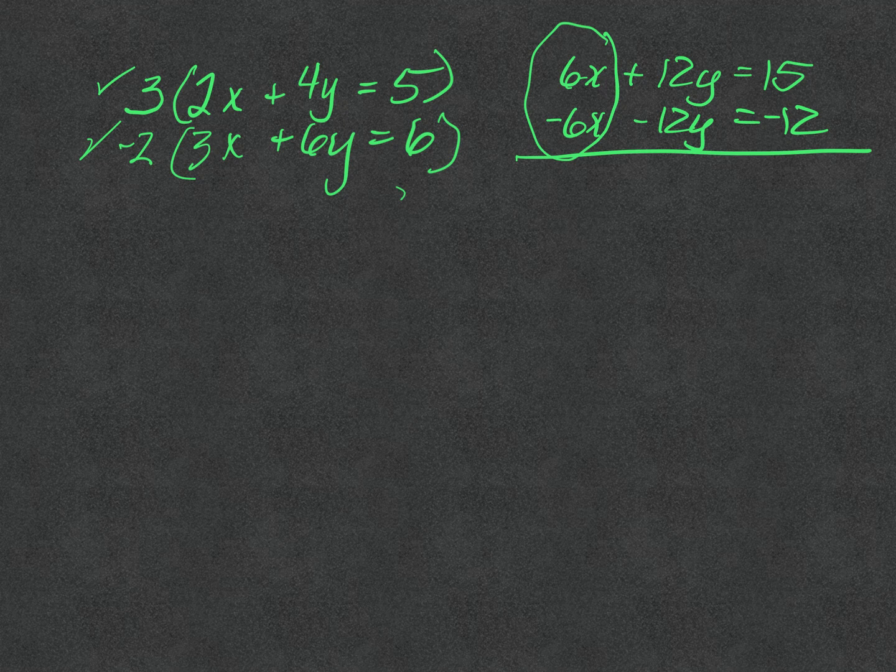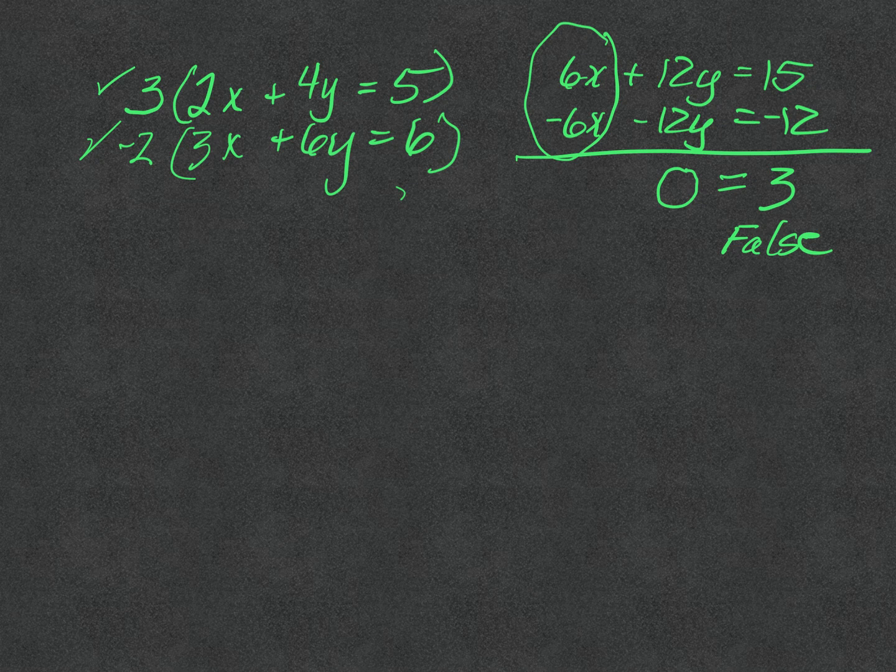Okay? Now, something else happens on this equation. 6x minus 6x is 0. 12y minus 12y is also 0. So we get 0 equals 15 plus negative 12, which is 3. That is a false statement.